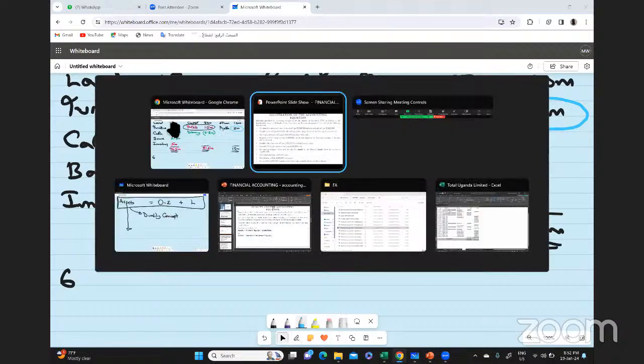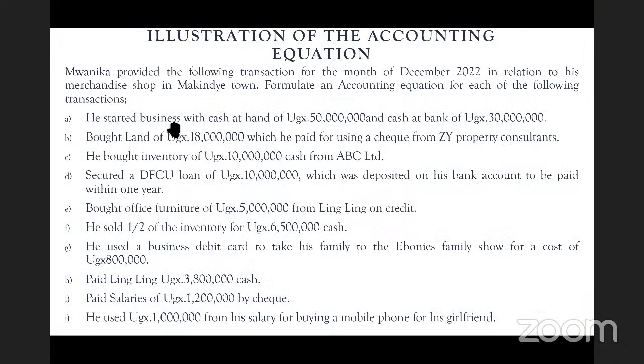Then the other transaction, paid salaries 1.2 by check. Where are we having that effect? Our money in the bank is reducing for sure.